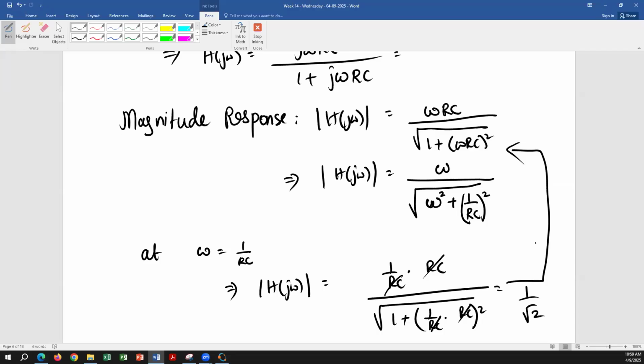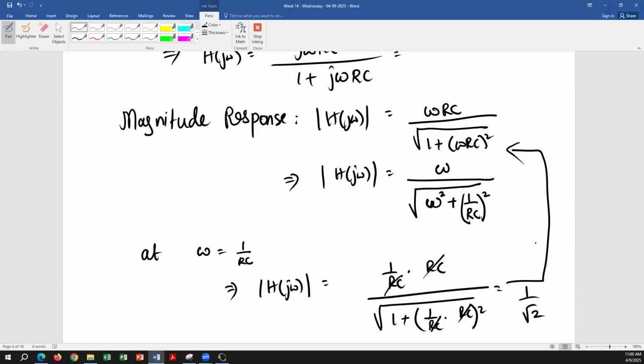Anybody remember L'Hopital's rule? They write it L hospital, but call it L'Hopital rule, whatever they call it. So if you have infinity over infinity, you apply the limit: omega tends to infinity, take the differential of the numerator, take the differential of the denominator, and then apply omega tends to infinity again.